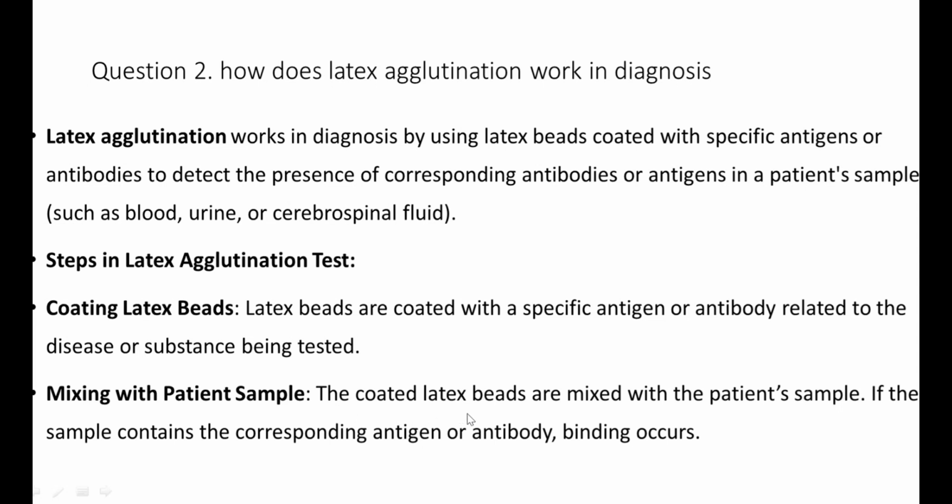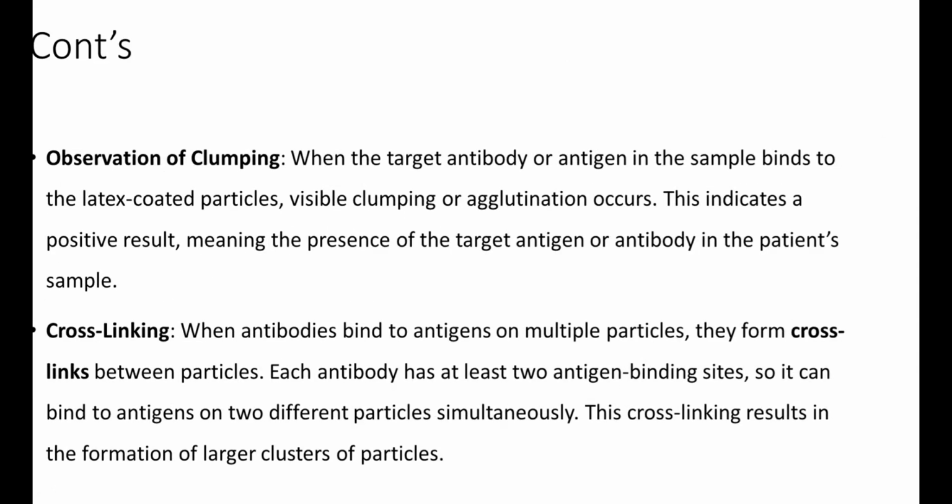Here, we take the patient's sample and pour it on the latex bead coated with either antigen or antibody. If the sample contains the corresponding antigen or antibody, binding occurs. But when there is no corresponding antigen or antibody in the patient's sample, no binding takes place.